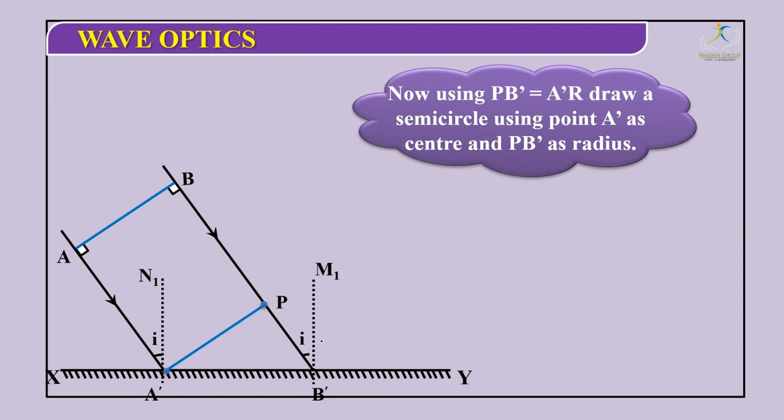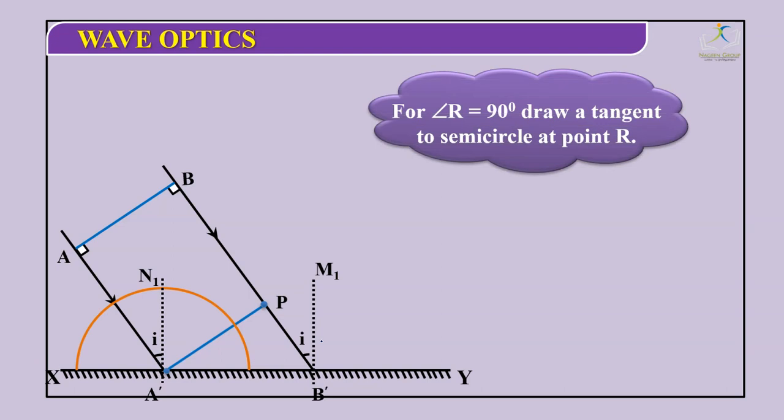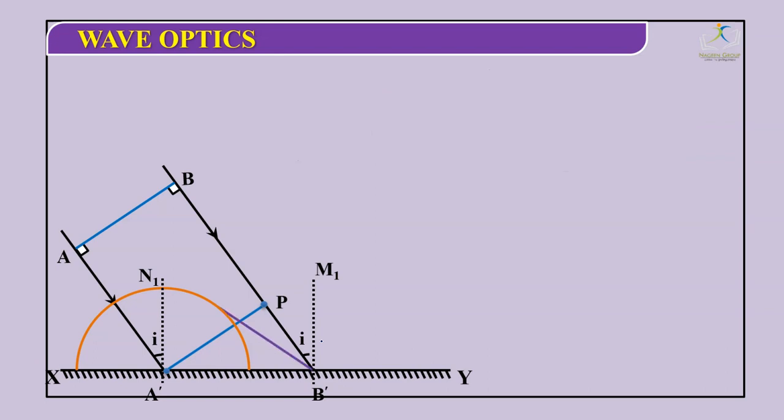Now using PB prime equal to A prime R, draw a semicircle using point A. For angle R equal to 90 degrees, draw the tangent on the semicircle, which shows the reflected ray.